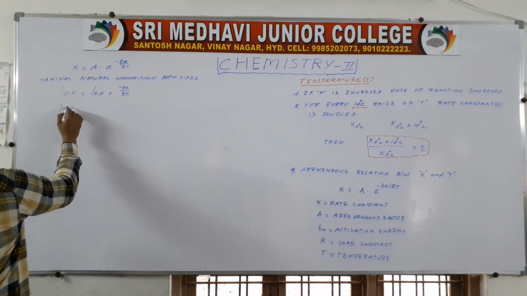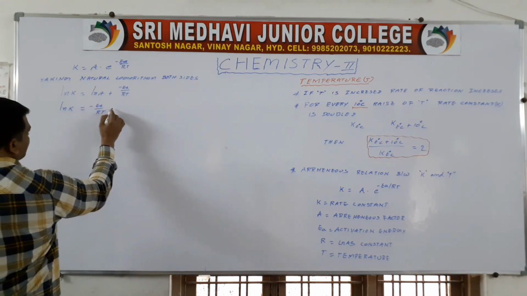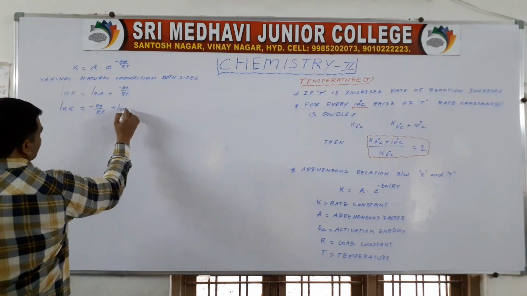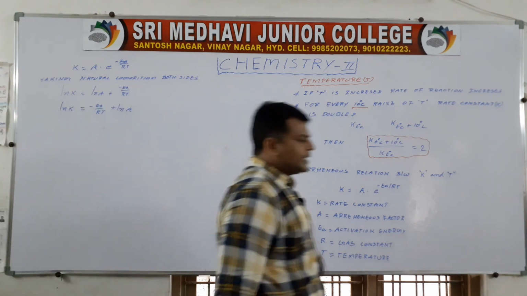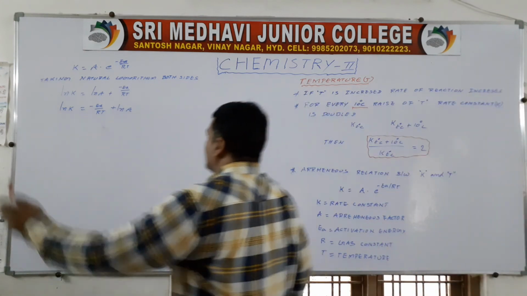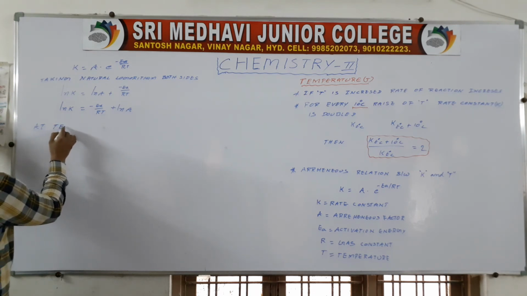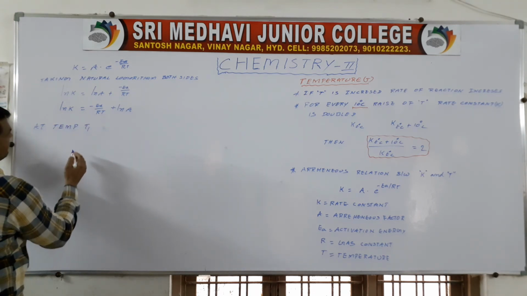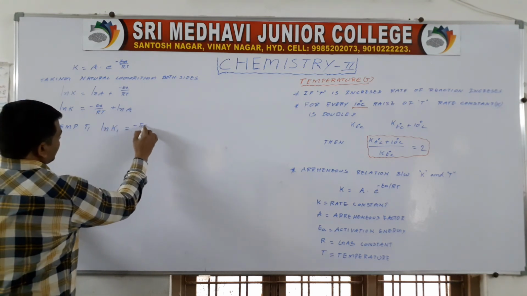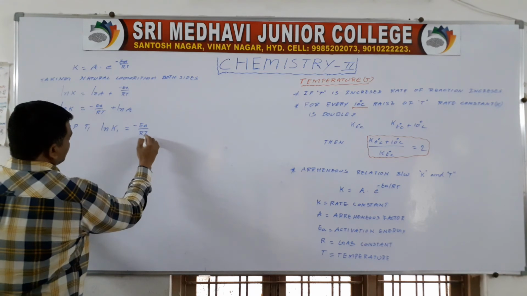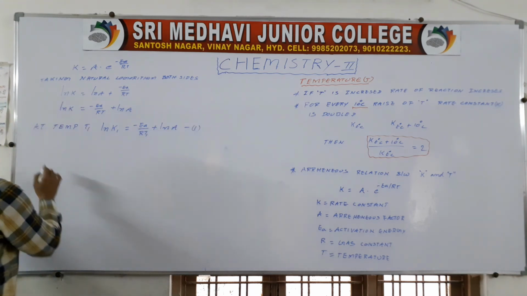So natural logarithm K equals minus EA by RT plus natural logarithm A. At temperature T1, natural logarithm K1 equals minus EA by RT1 plus natural logarithm A. It is equation 1.